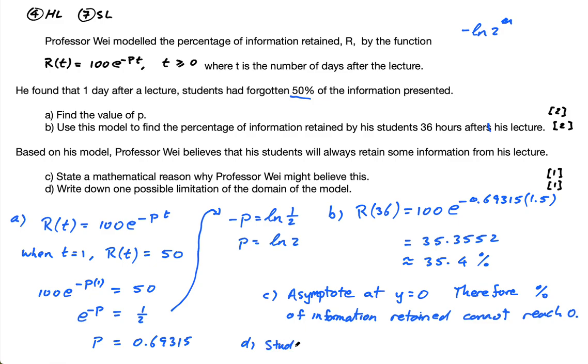Students can't live forever. That's one limitation. Second one might be that it also assumes that when t is 0, they've retained 100% of the information.